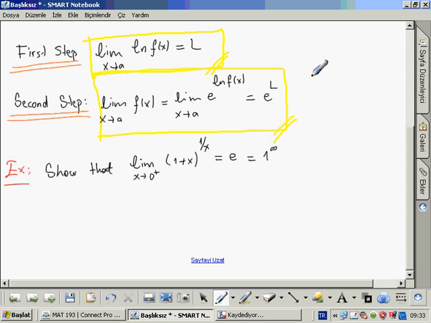Firstly, let's take this part as f of x. What was the first step? ln of f of x, which means 1 over x times ln of 1 plus x, right?